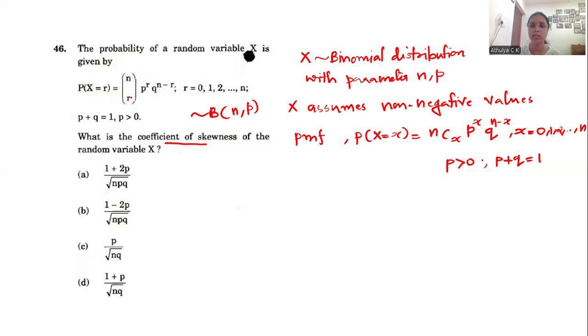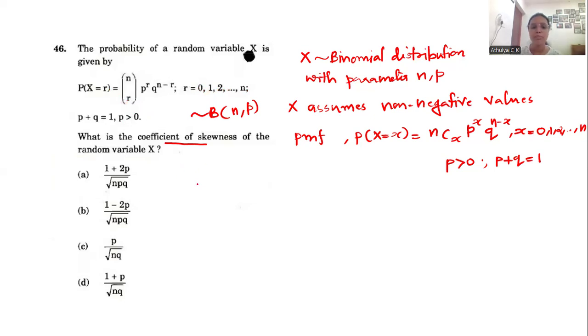So r is nothing but the number of successes, that is, x is nothing but the number of successes. Since the value of r is non-negative and discrete, ranging from 0, 1 to n, it takes only discrete values, so we can say that it follows a binomial distribution.